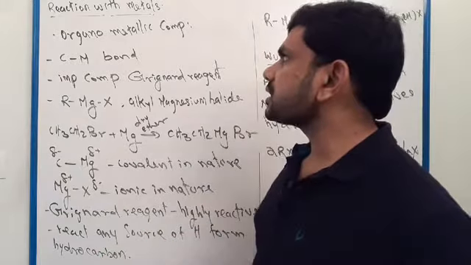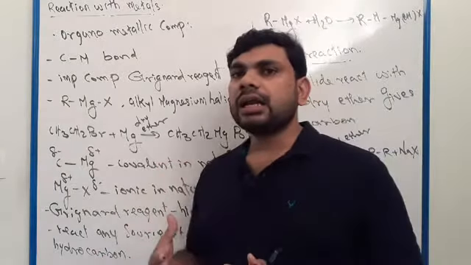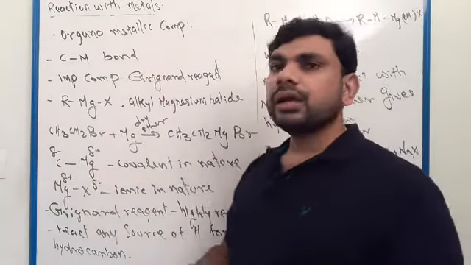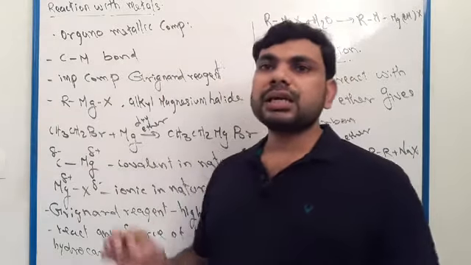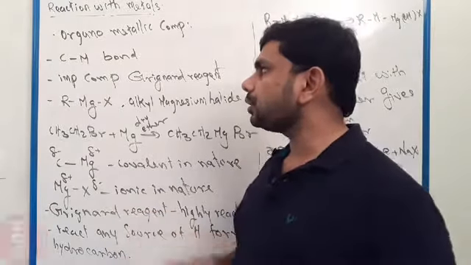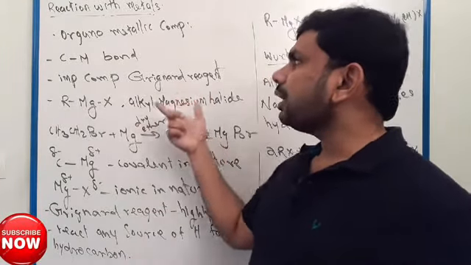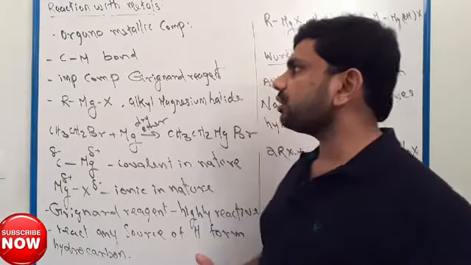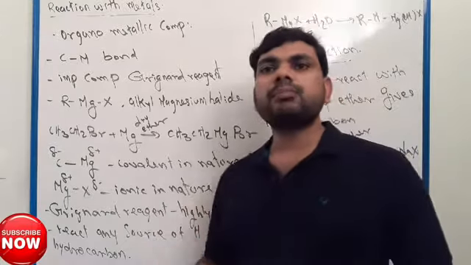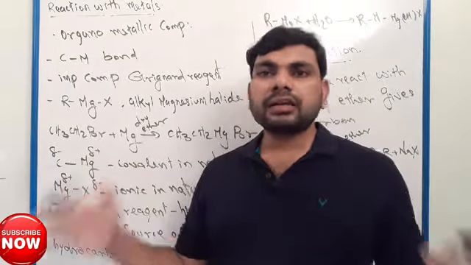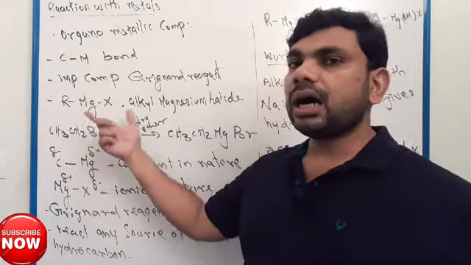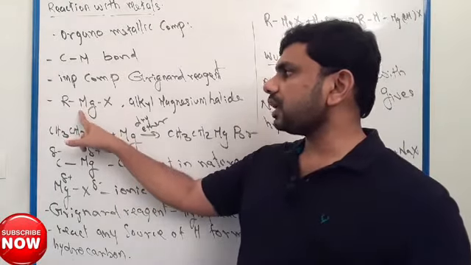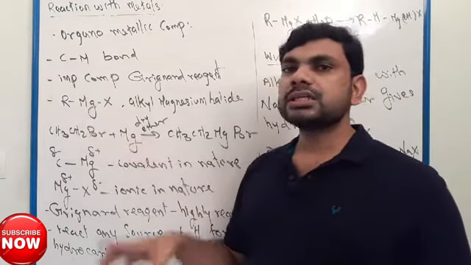Clear. So here we discussed that alkyl halide reacted with metal forms organometallic compound. An organometallic compound contains a carbon-metal bond. An important example is Grignard reagent, whose general formula is RMgX. Here the carbon-magnesium bond is covalent and the magnesium-halogen bond is ionic.